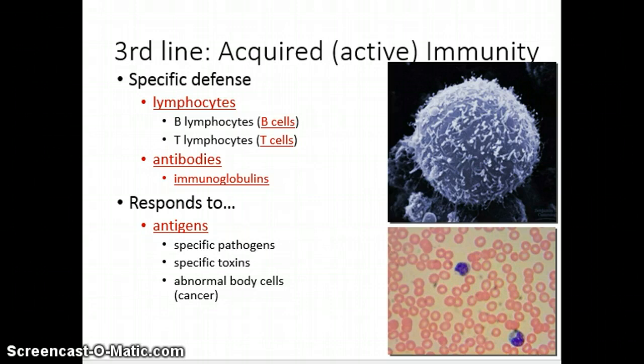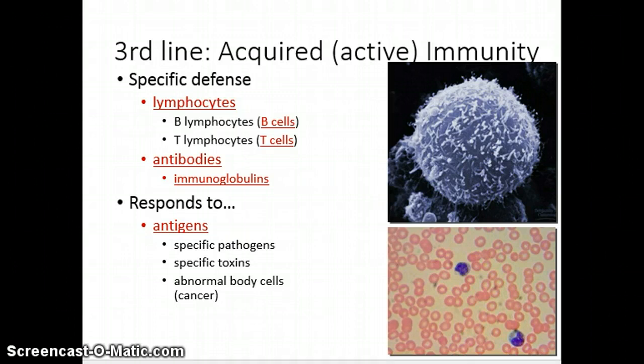The B lymphocytes are also responsible for providing the immune system with antibodies, which are also called immunoglobulins. Those are the main players in acquired immunity. They are formed in two different places. We'll look at that in a second.